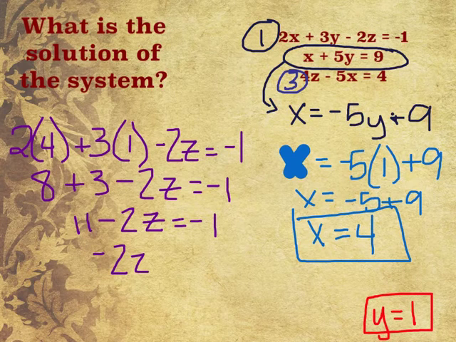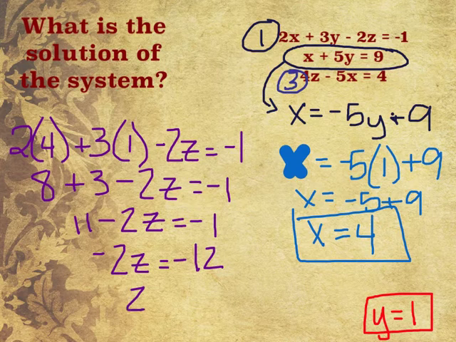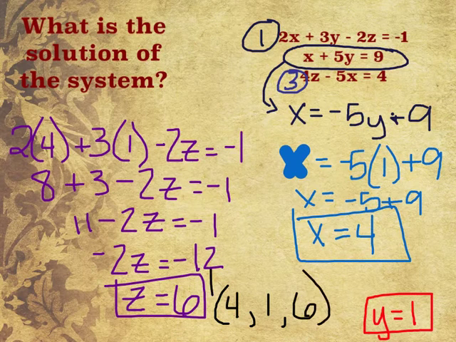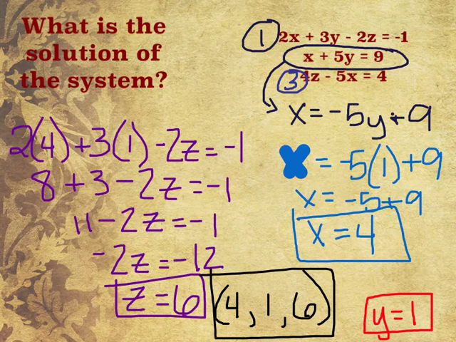Negative 2z equals negative 12. Then divide by negative 2 and we get z equals 6. We will write our final answer as an ordered triple, x, y, z: 4, 1, 6. And that is a solution that plugs into each equation to make it true.